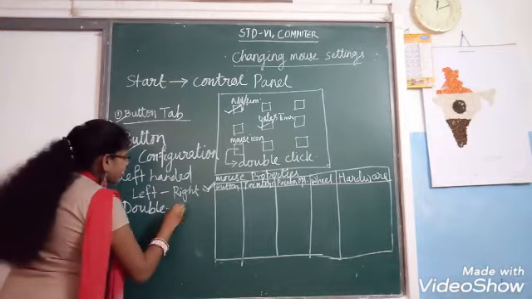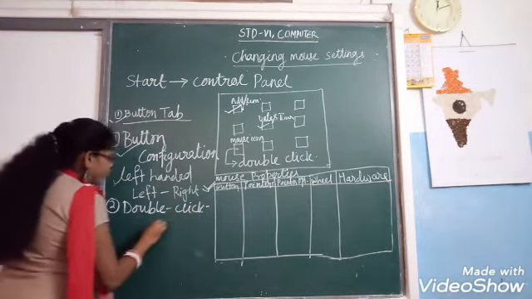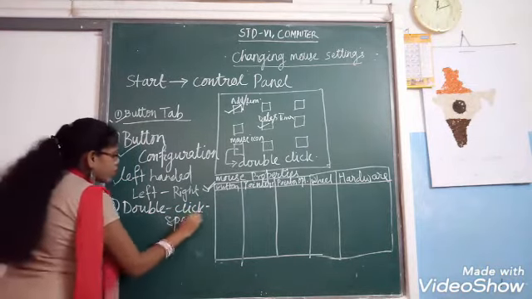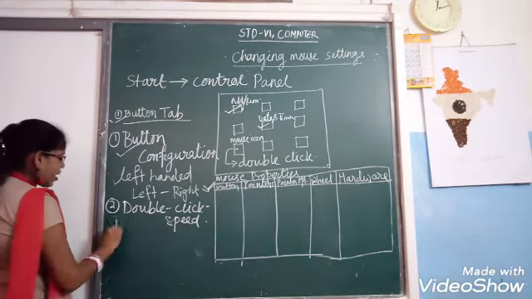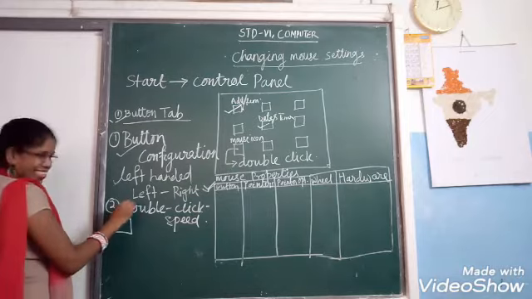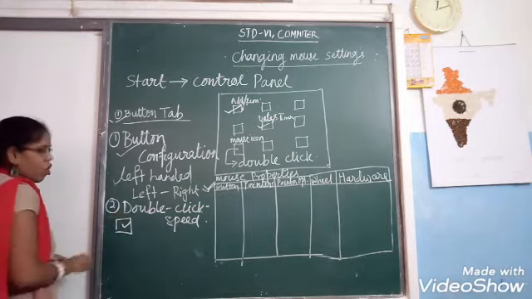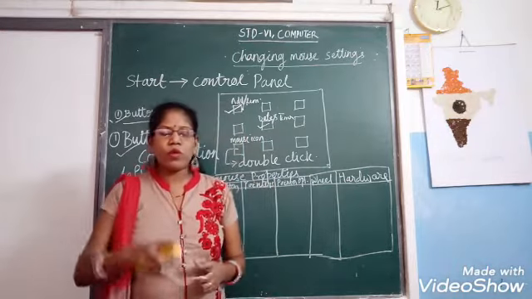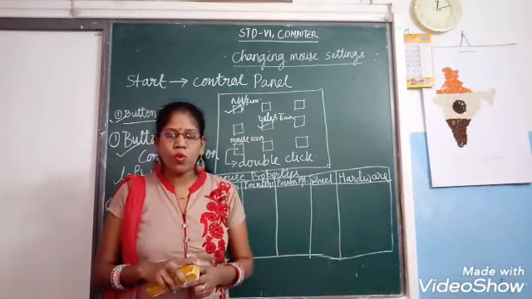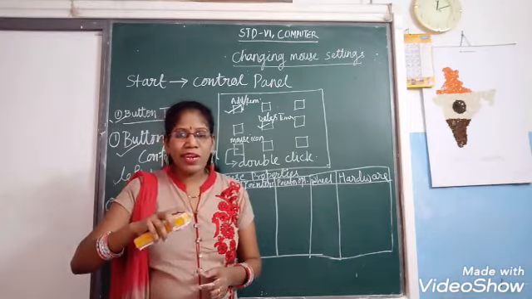Double click speed. If you select this option, when you are using your mouse and want to open a file, what are we doing? We are double clicking.